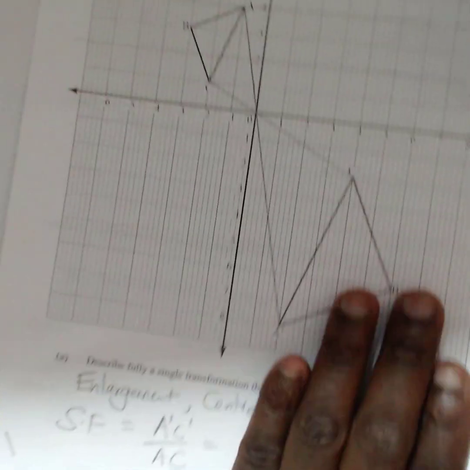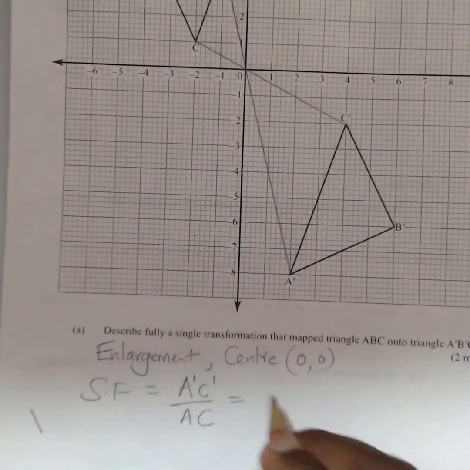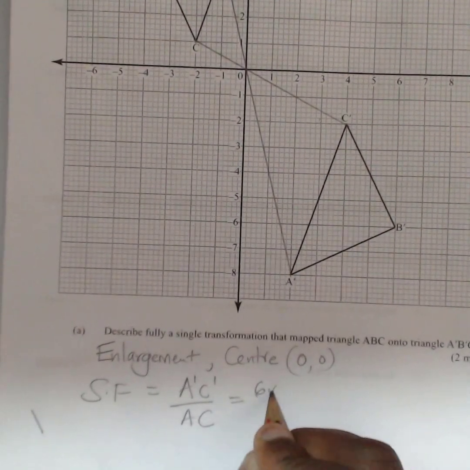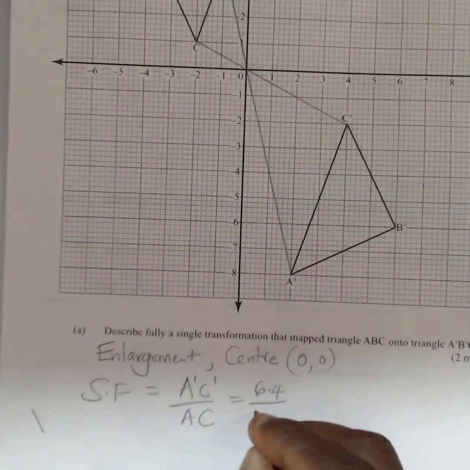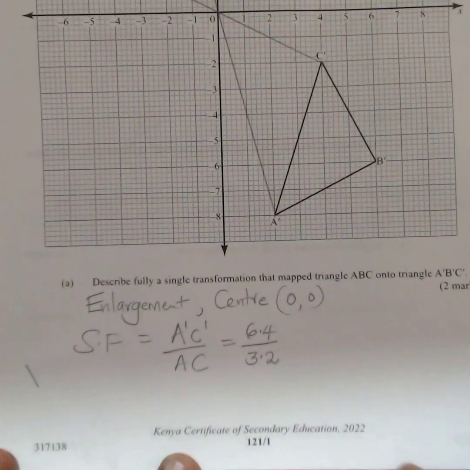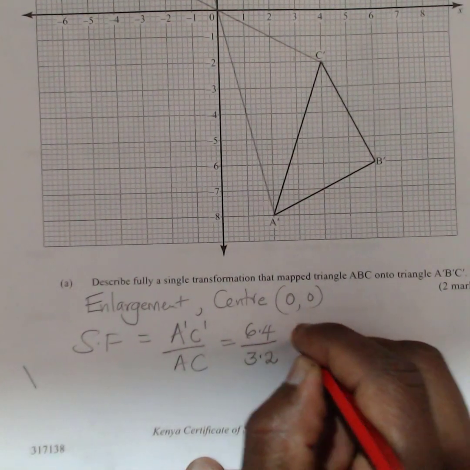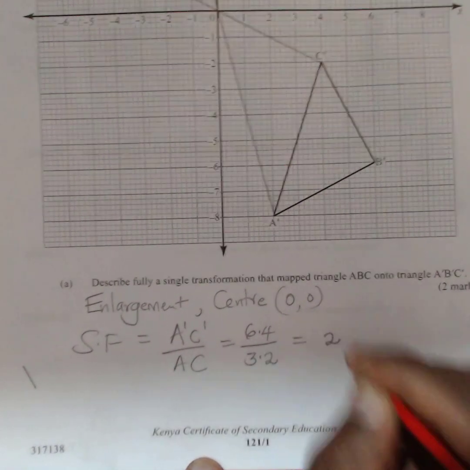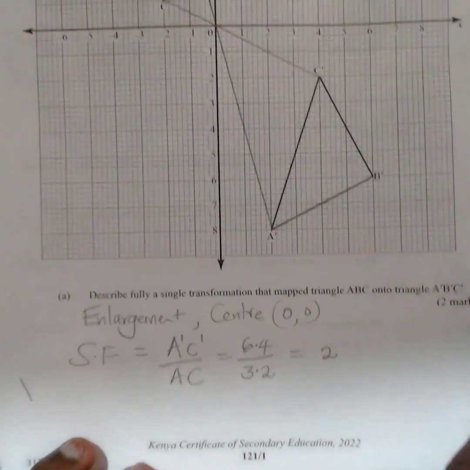So when you take that measurement, you notice that A prime C prime is 6.4, then AC is 3.2. So when you divide these, you'll get 2. That is the scale factor of enlargement.